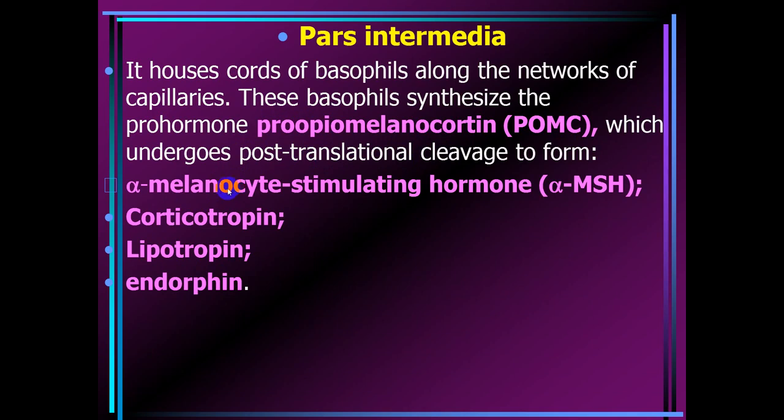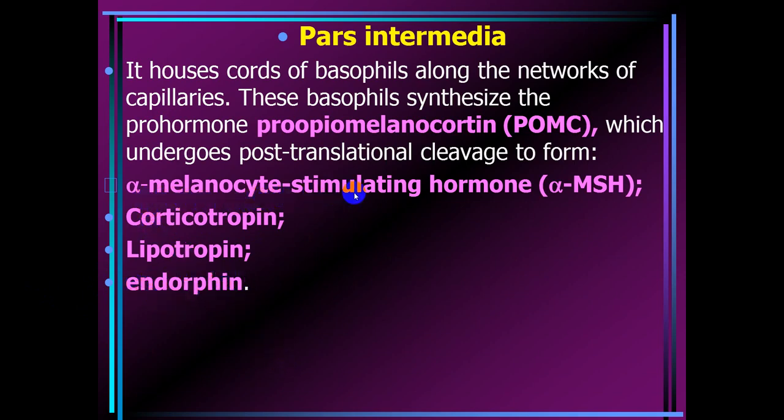Proopiomelanocortin undergoes post-translational cleavage and is subdivided into 4 hormones: alpha melanocyte stimulating hormone, alpha MSH, corticotropin, like corticotropin in the pars distalis, with the same function, then lipotropin and endorphin.